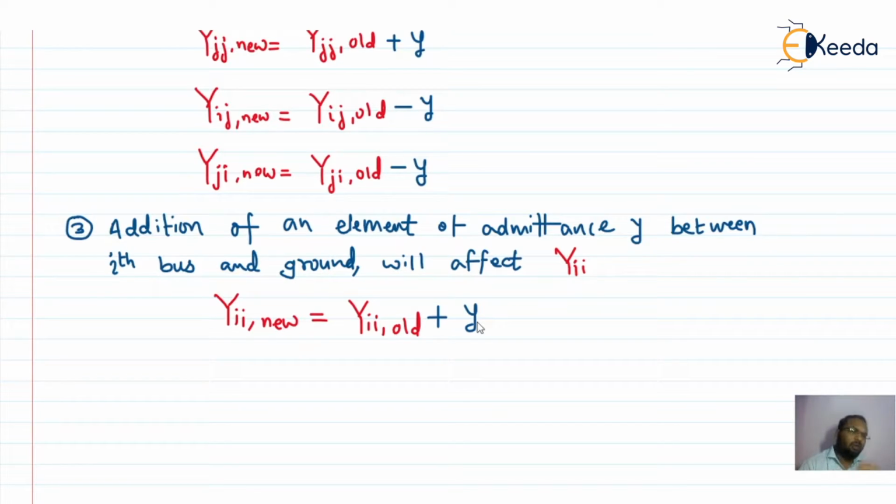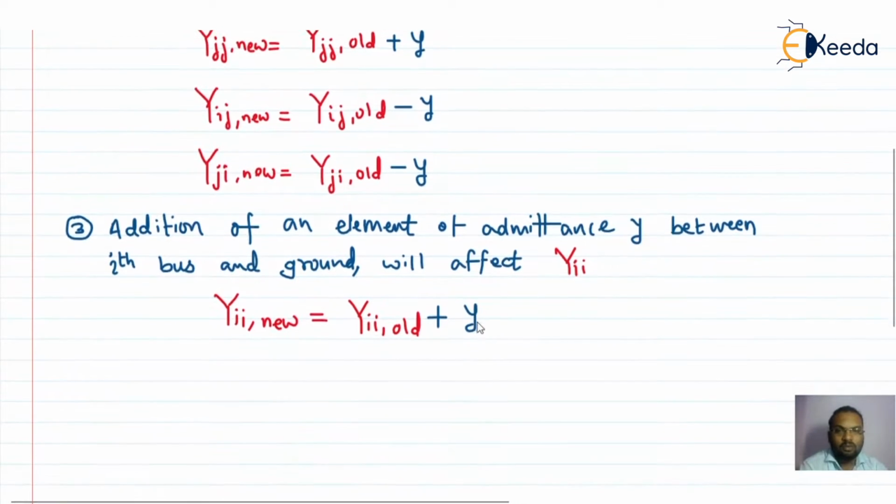So one by one go on considering each element. First consider the elements which are between bus and the ground, then you can consider the elements which are connected between two buses. This way consider one by one all the elements and go on modifying the values of the Y bus. At the end you will get the Y bus matrix.